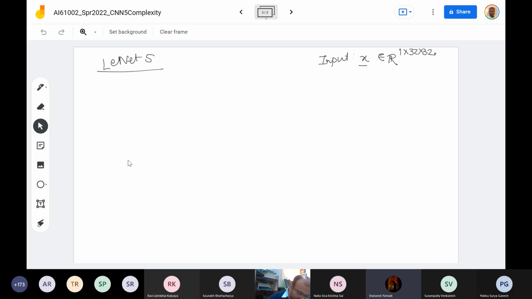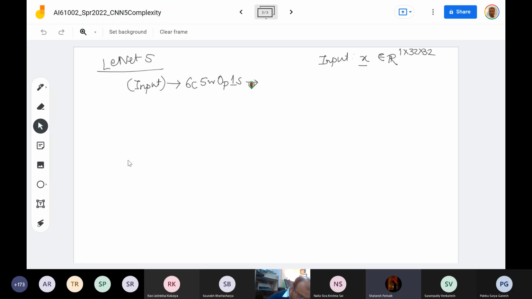And how is this LeNet-5 defined? I have my input which goes to 6 convolution channels, each of size 5 cross 5 with 0 padding and stride of 1.